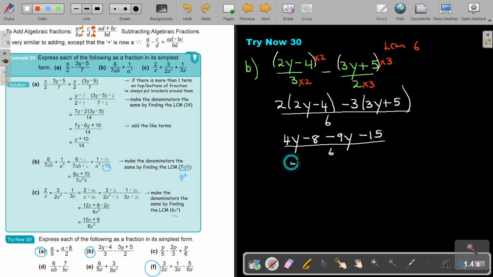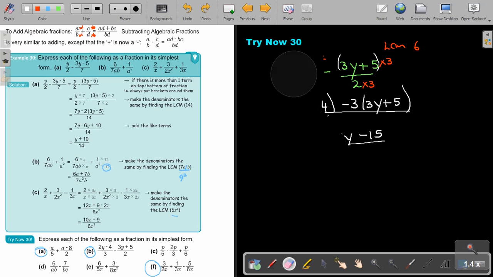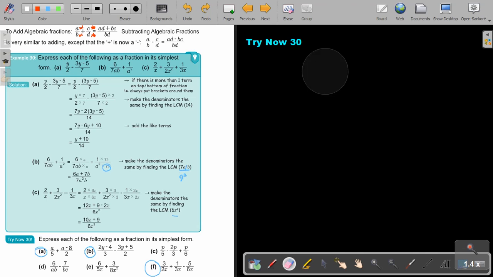So this is negative 5y minus 23 over 6. And that will be my final answer. And then the last one, that will be number F.